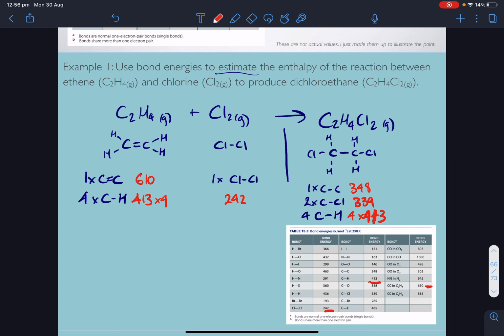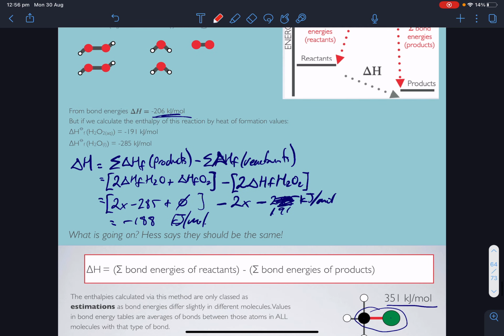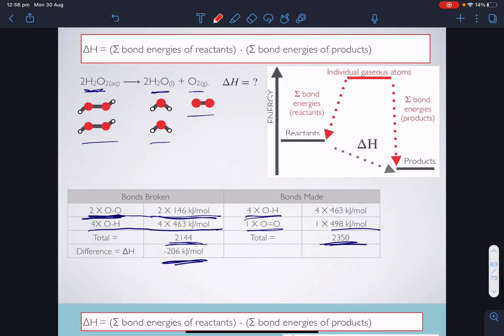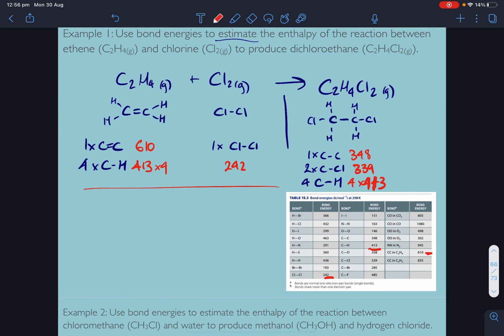Now, I'm trying to remember the right way around. Bond energy of the reactants minus the products.